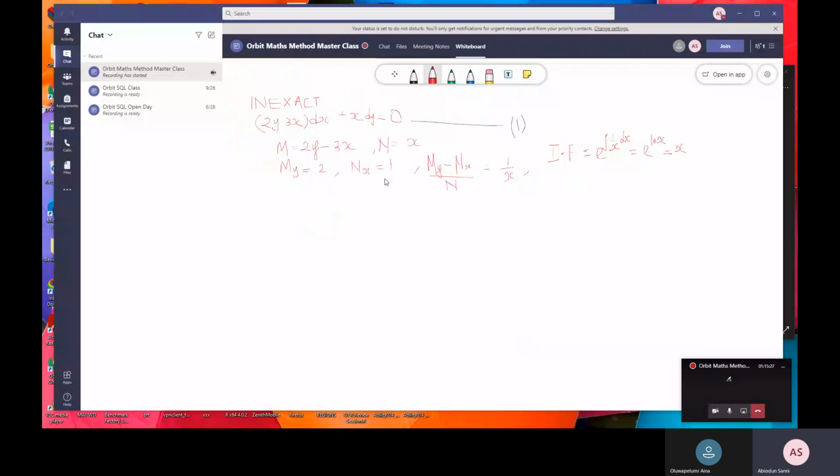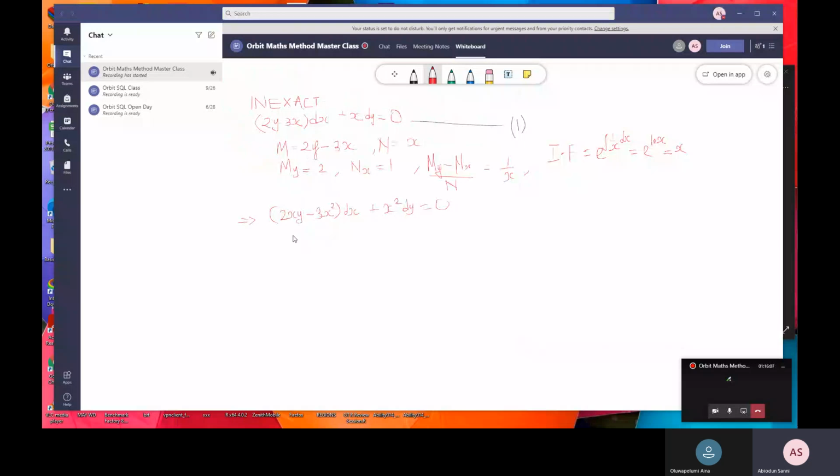After I've gotten my integrating factor, all it does is multiply it by the original equation. So if I do that, I will have (2xy minus 3x squared) dx plus x squared dy is equal to 0.